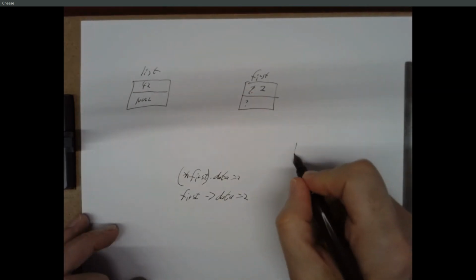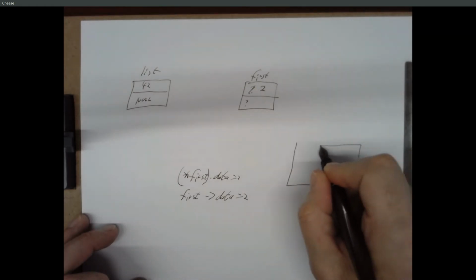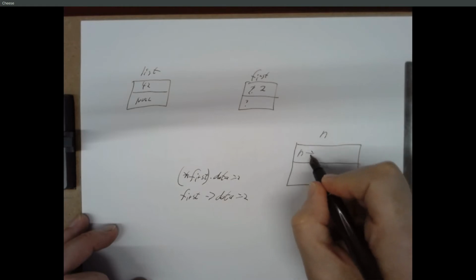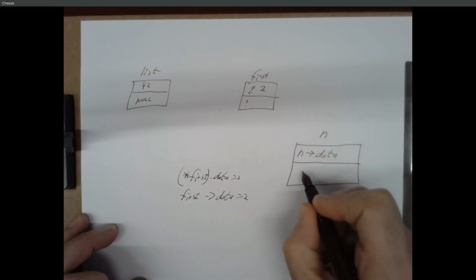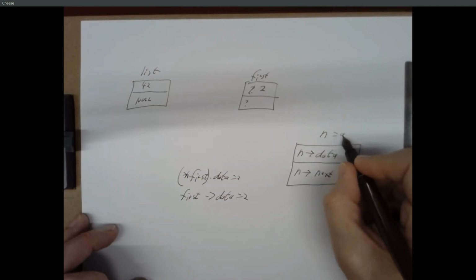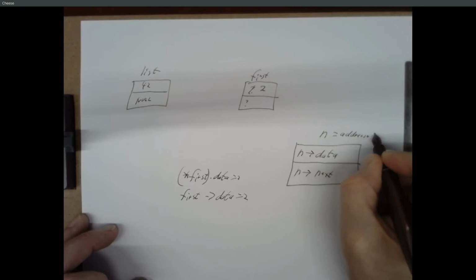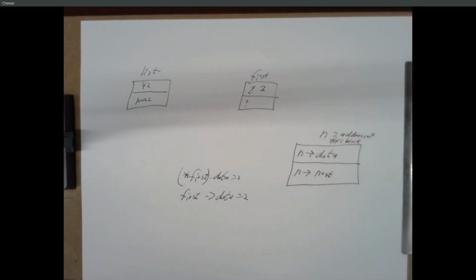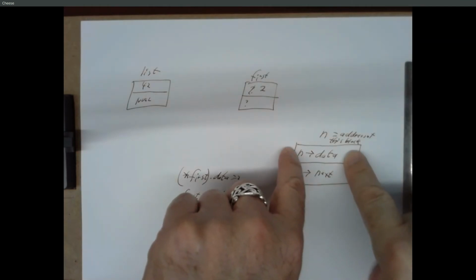So when I'm thinking of these nodes, if this is some node n, this block up here is n arrow data. This block down here is n arrow next. n equals the address of this block. So when we look at first and we see that it's hex 602030, it means that at memory location 602030, we find the data value of this node.